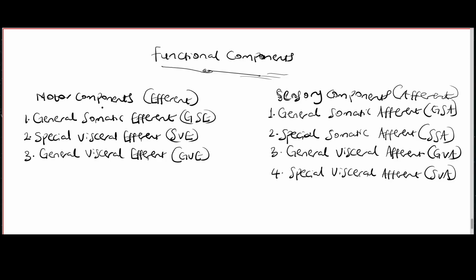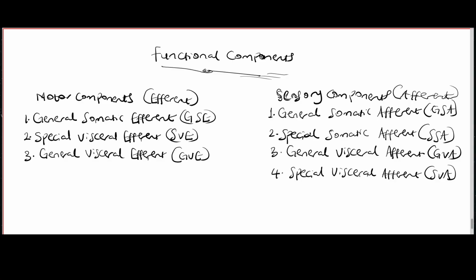The motor components are the general somatic efferent, the special visceral efferent, and the general visceral efferent, while the sensory components include the general somatic afferent, the special somatic afferent, the general visceral afferent, and the special visceral afferent.